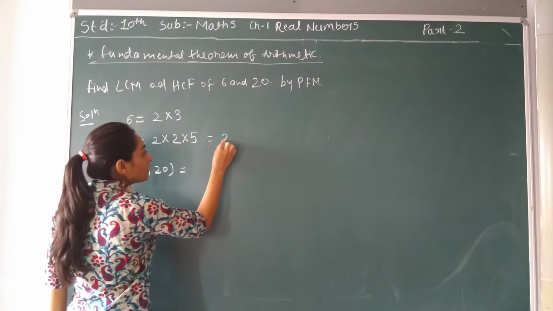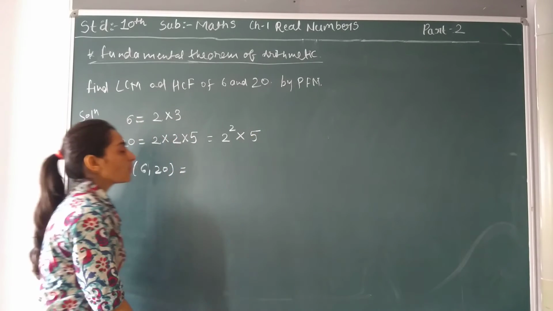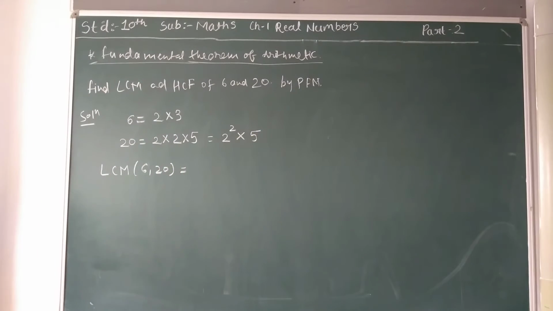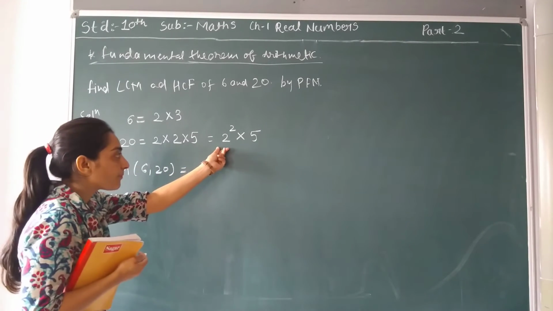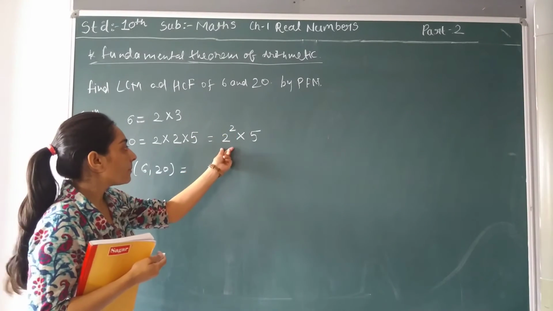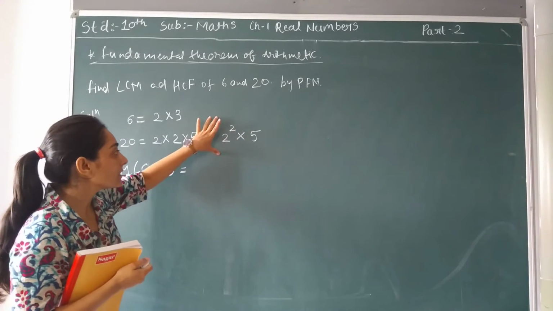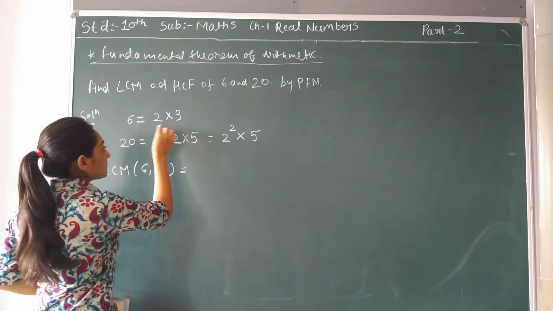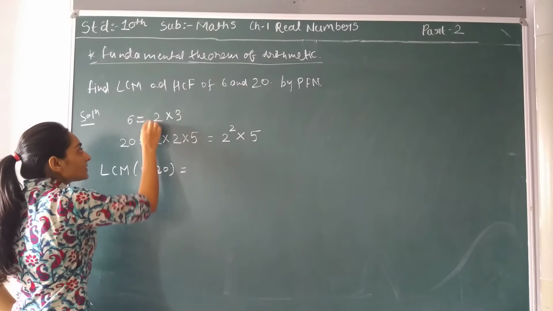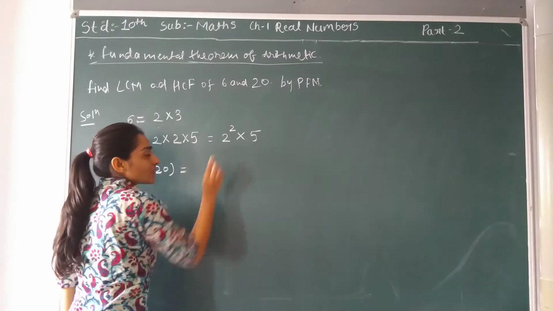Now we get 2 to the power 2 and 2 to the power 1 only. In the LCM, we are going to take the highest power of the prime factors, including all the elements. Here 2 is given in 6 and 2 is also given in 20.